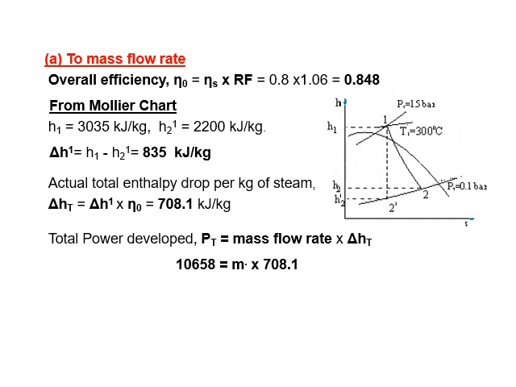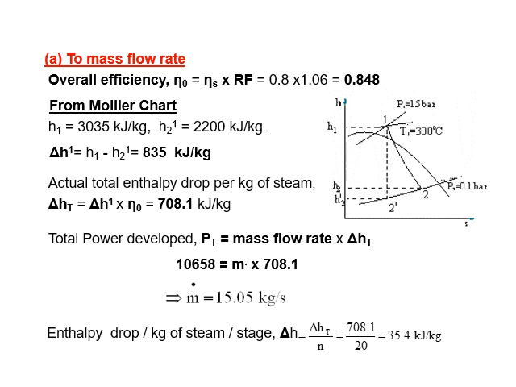So in this one, the power developed value is available in the numerical, the mass flow rate is unknown, and delta H, the total enthalpy change, is already calculated, that is 708.1 kilojoules per kg. By using that relation, we get the value of mass flow rate, that is 15.05 kg per second. So this is the method of calculating the mass flow rate through the steam turbine.